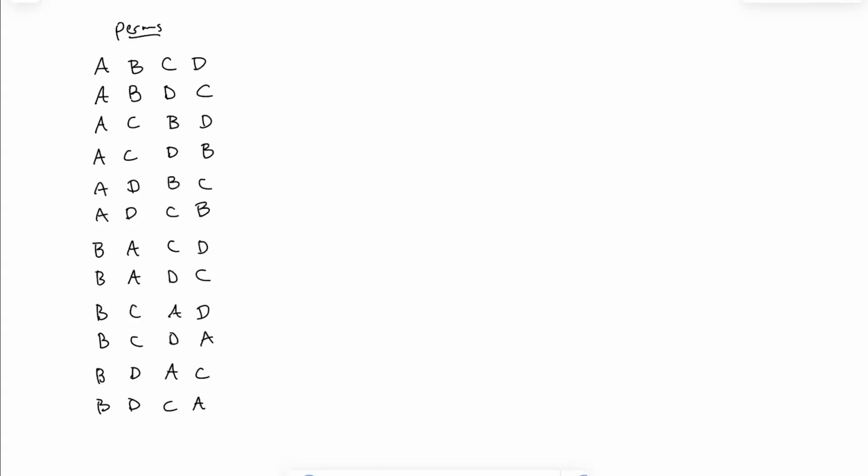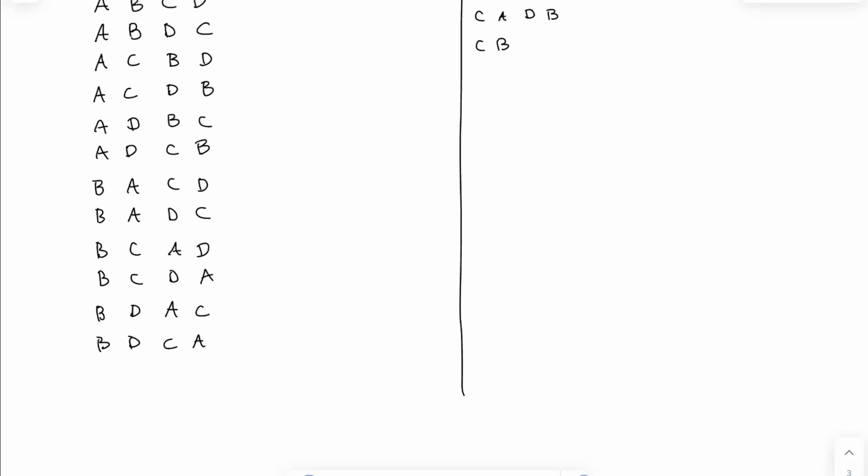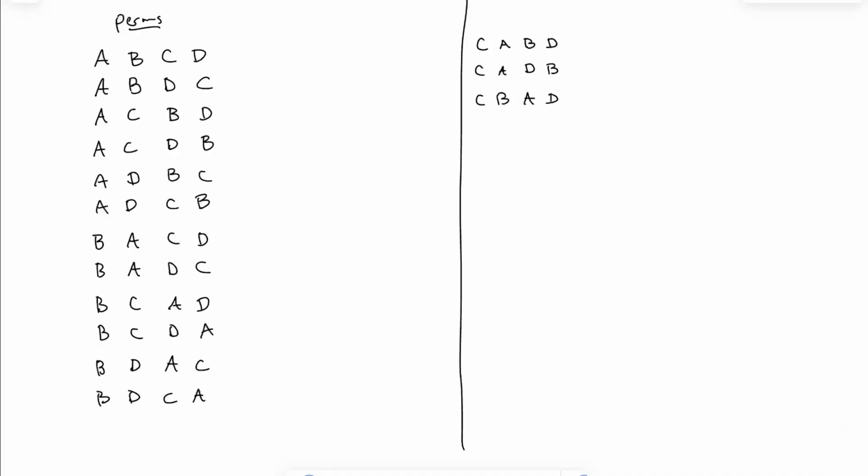Maybe I'll try and fit them all side by side here, just because I don't want to scroll everything. More perms over here. I can go C, A, B, D, C, A, D, B. Those are all the ones that start with C, A. And then I could go C, B, A, D, C, B, D, A. Or I could go C, D, A, B, C, D, B, A. Okay, those are all the ones that start with C. There should be 6 of them.